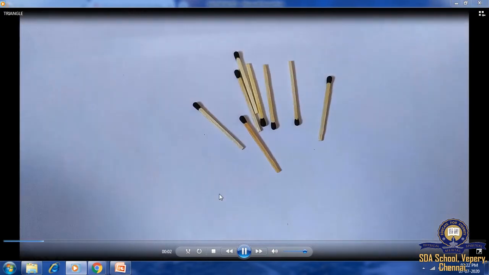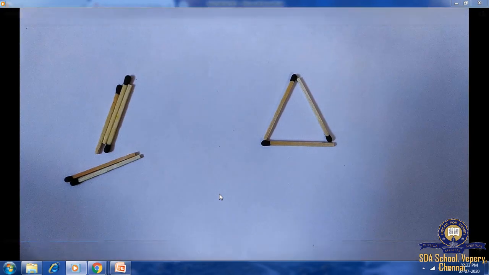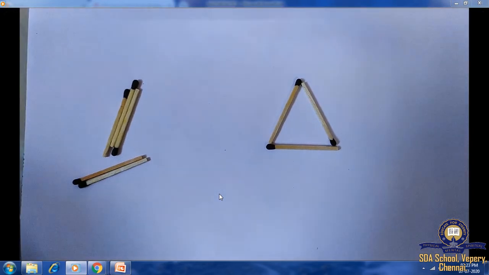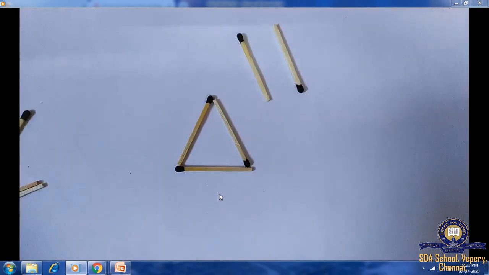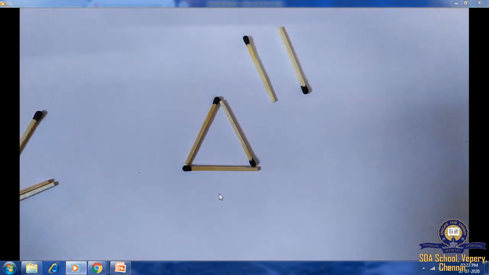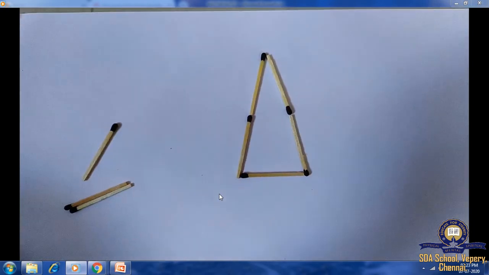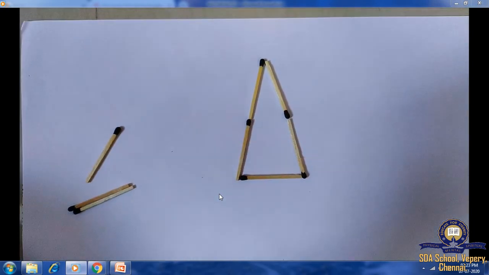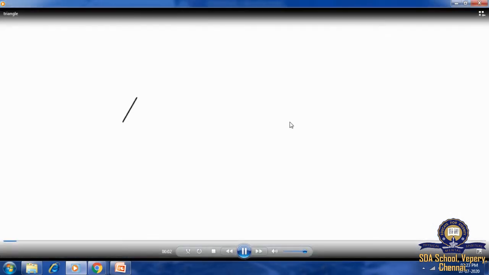Now our next shape is triangle. See my triangle? I am done with the matchsticks. It has 3 corners. Now I am going to draw a triangle.